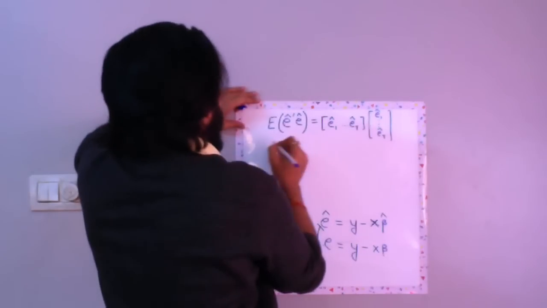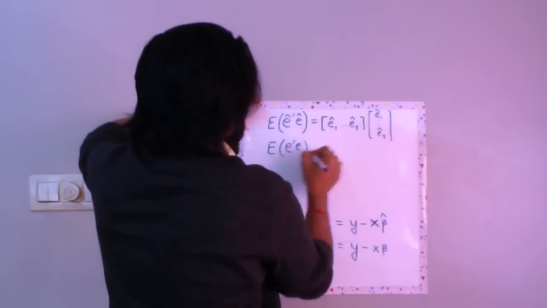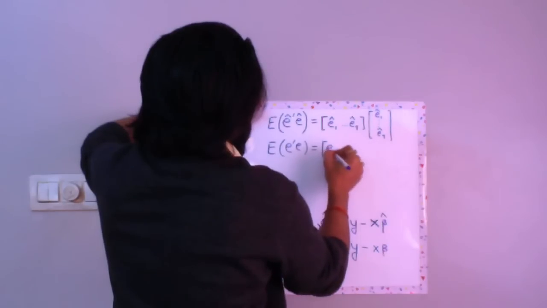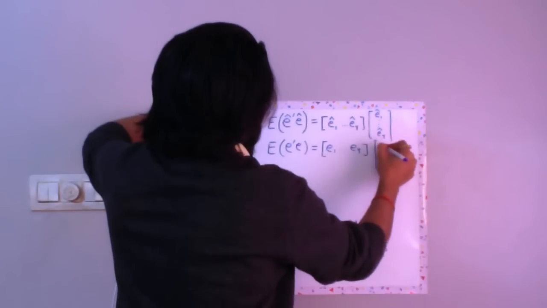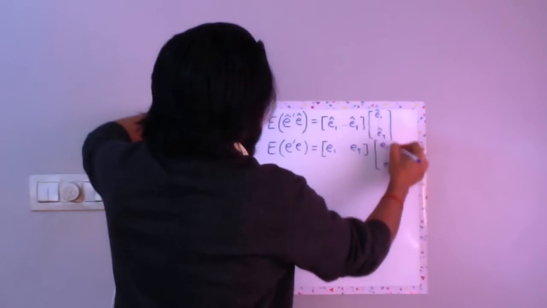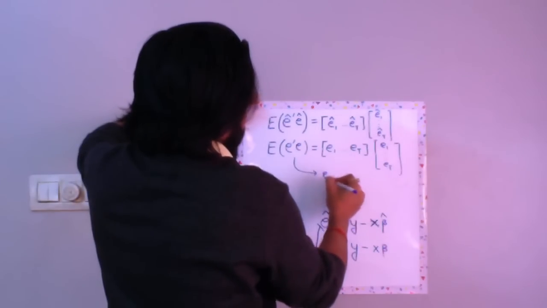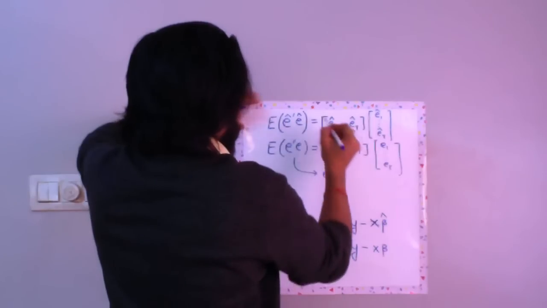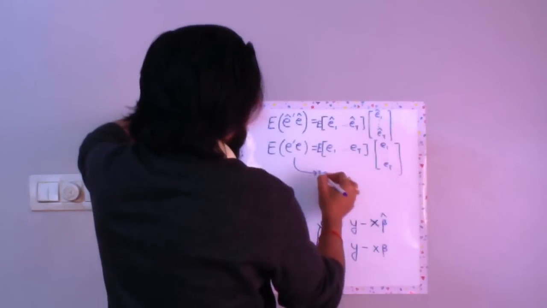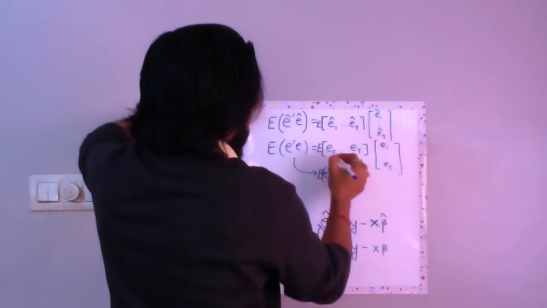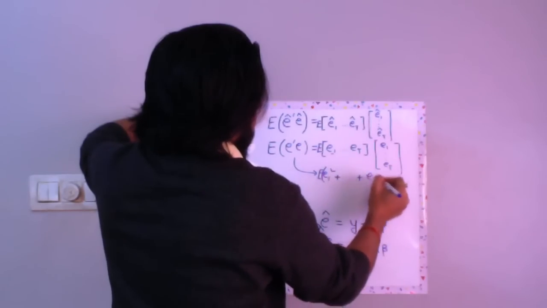And if I just remove the hat, the expectation of e transpose e will be equal to the expectation of e1 square, dot dot dot, et square.